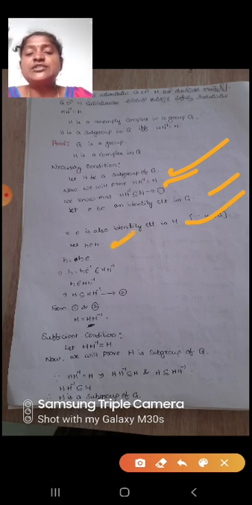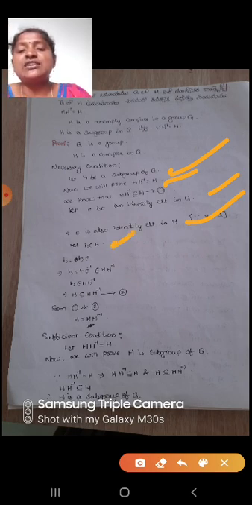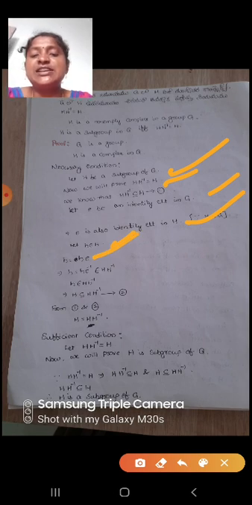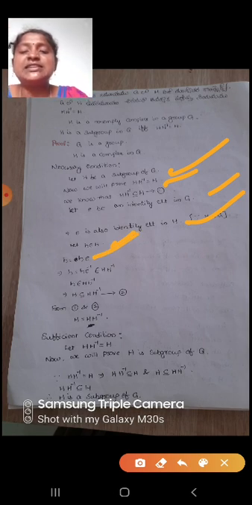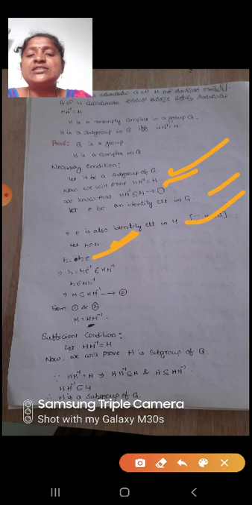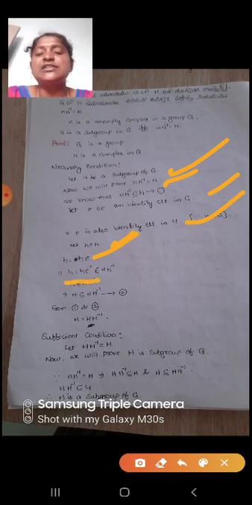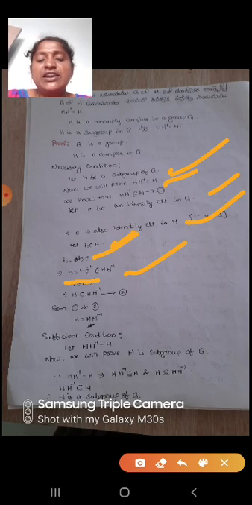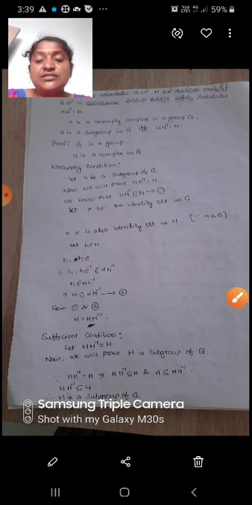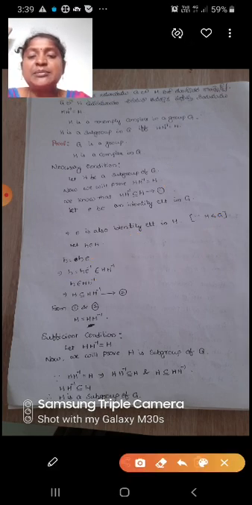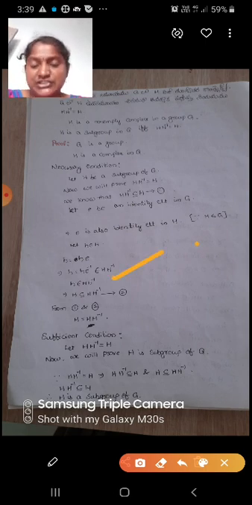So let h belongs to H. Now consider h equal to hE. That implies E equal to, we can write E inverse also. So h equal to hE inverse. So that belongs to H into H inverse. So that implies h belongs to H into H inverse.